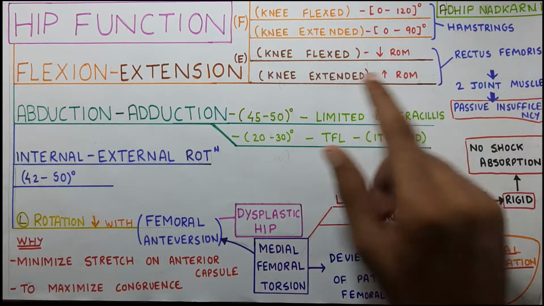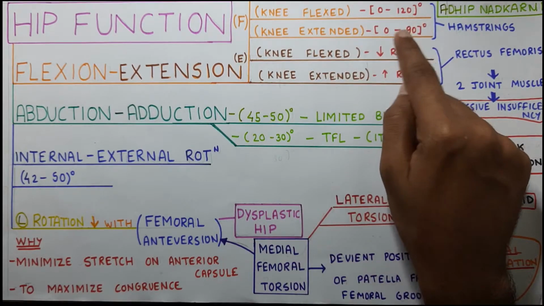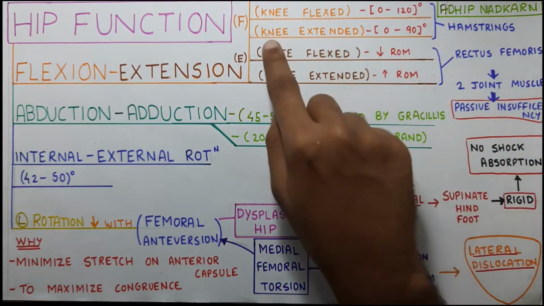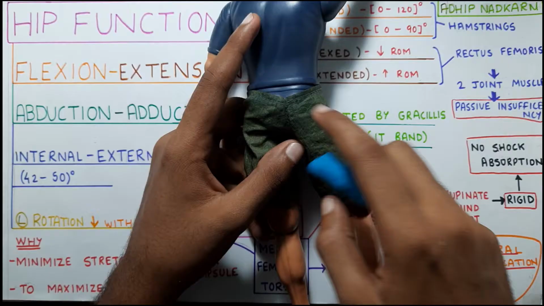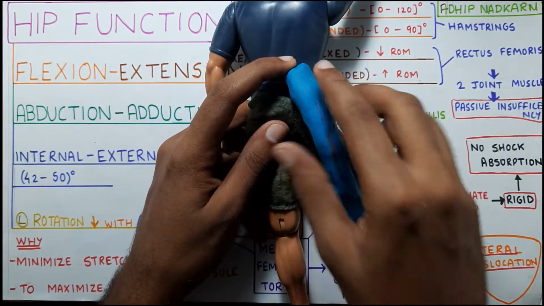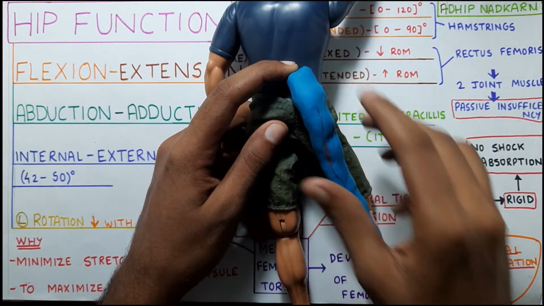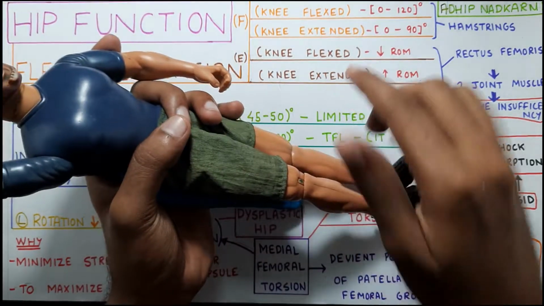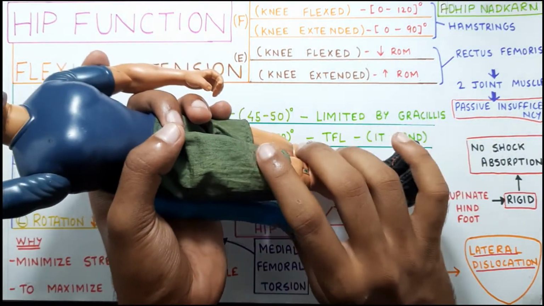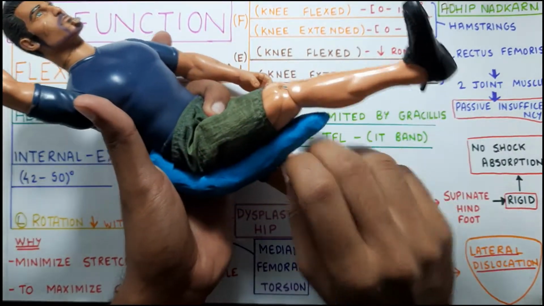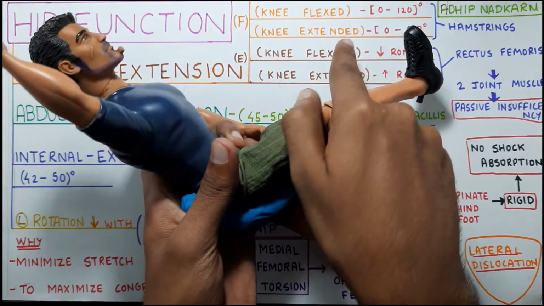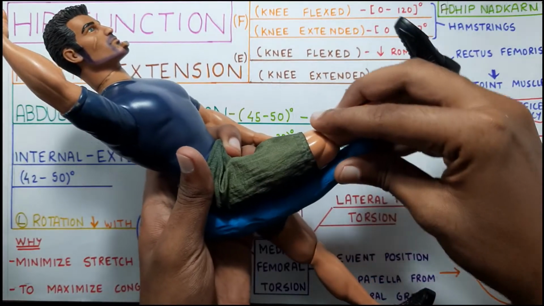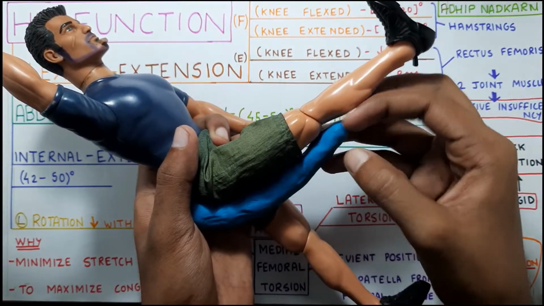What do I mean by this? See, the range is reduced over here, right? 0 to 90 degrees when the knee is in extended position. If I take Joe, your hamstring is coming from your hip joint, crossing the hip joint and then crossing the knee joint, right? So when I'm doing hip flexion, it's getting stretched over here along with knee extension. The knee is also extended here, so it is getting stretched even at the knee.